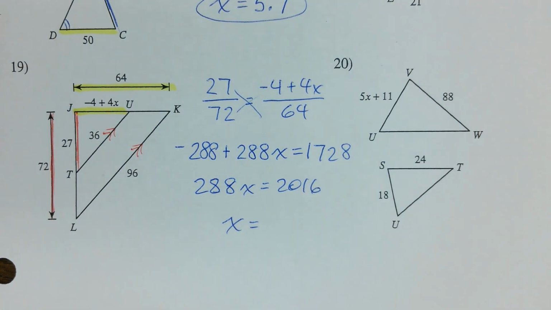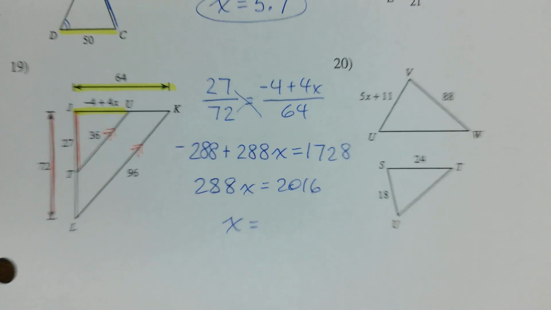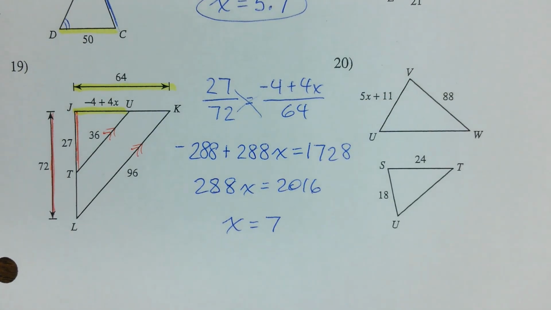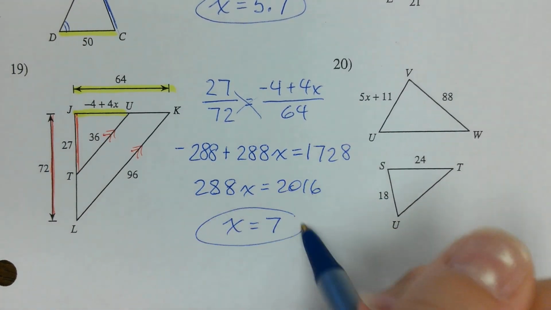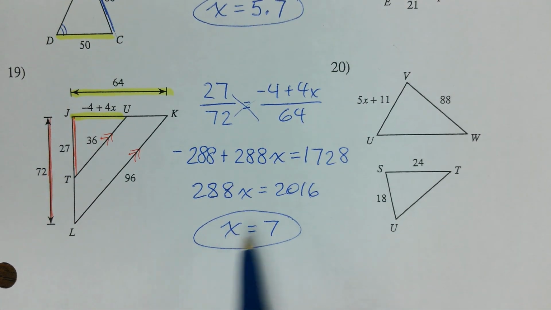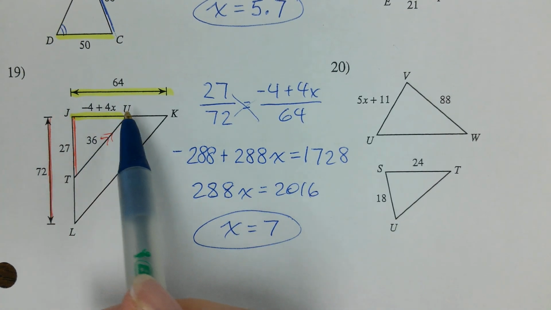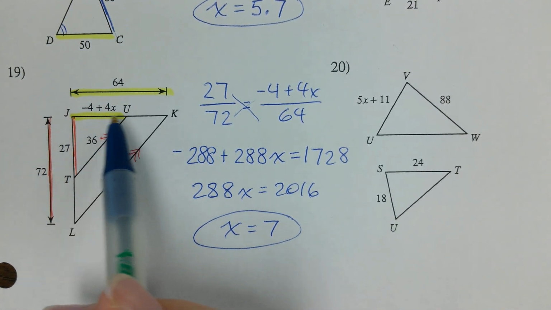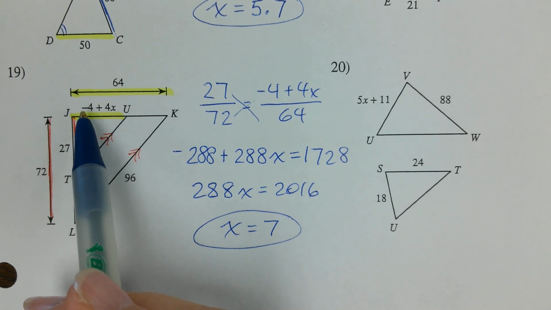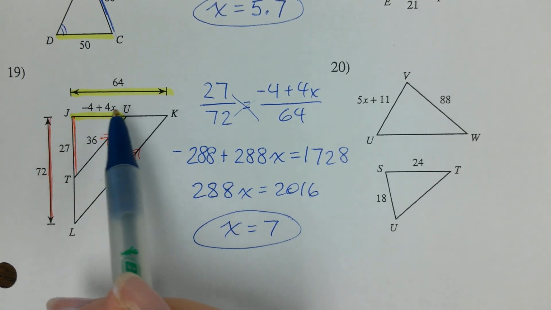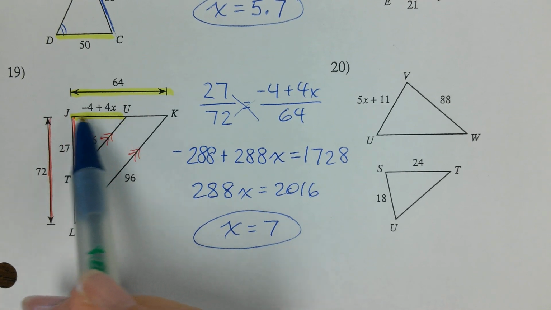And so when you divide by 288, you get 7. All right. Again, not 7 centimeters because you were just solving for x. So that means this length right here would be -4 plus 4 times 7, you get 24.